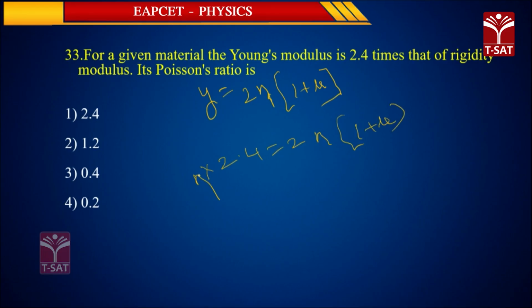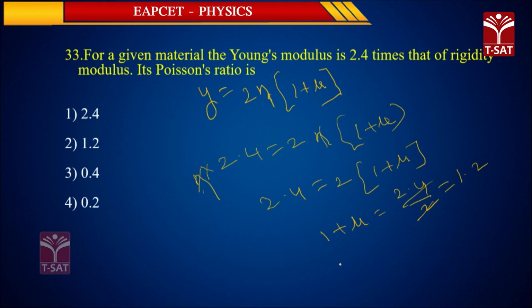Therefore 1 plus mu is equal to 2.4 by 2. What is the value? 1.2. 1 plus mu is equal to 1.2.